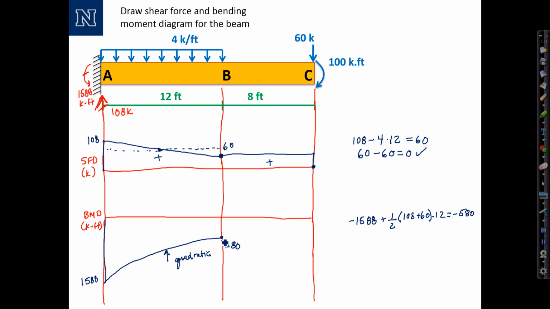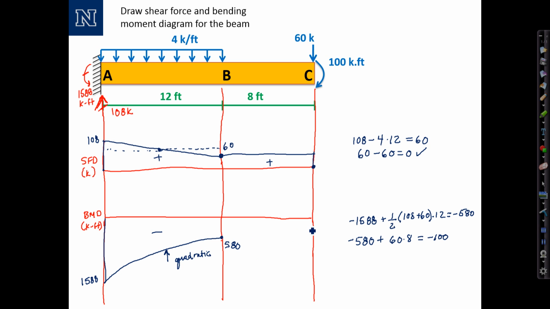But the slope is less than the slope at A, and our bending moment diagram is negative in that region. Finally, from B to C, we know that the shear force diagram is positive, so bending moment will increase. It's constant, so bending moment will be linear, and we can calculate the value at C by taking the value at B, negative 580, plus the area under the shear force diagram, which is 60 times 8, and this gives negative 100.